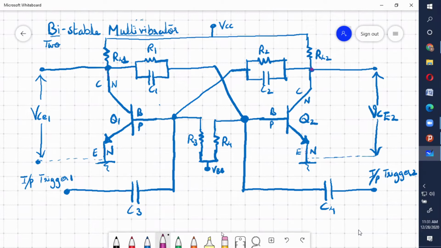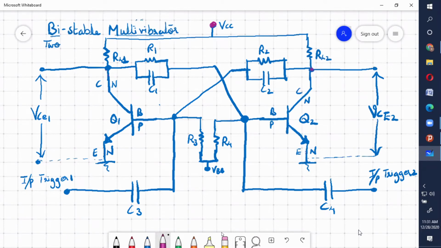VCC. Whenever the base is made positive, Q1 will be on. Collector and emitter join, so what is the output at the collector?